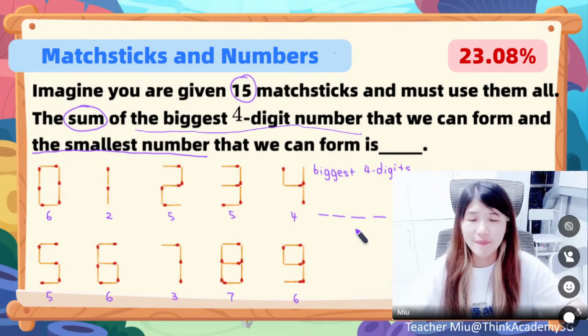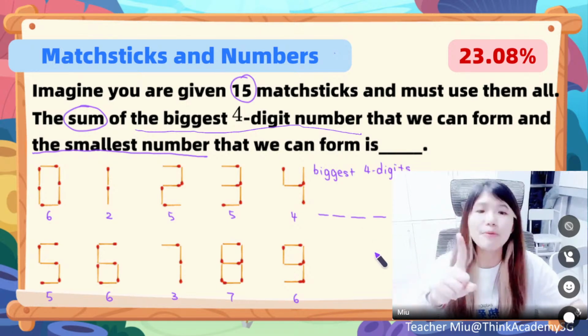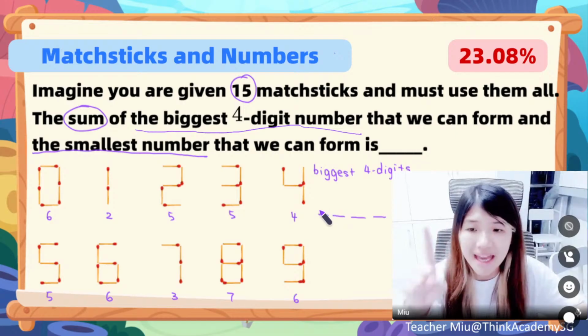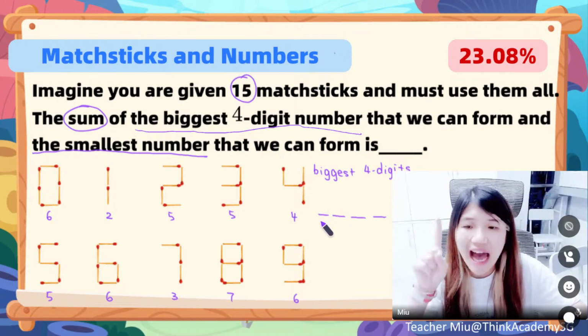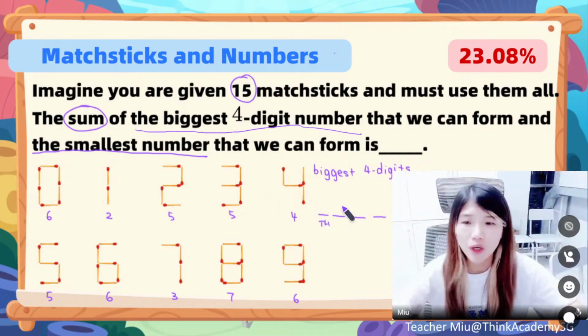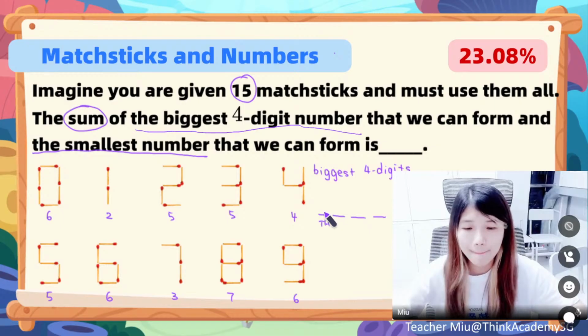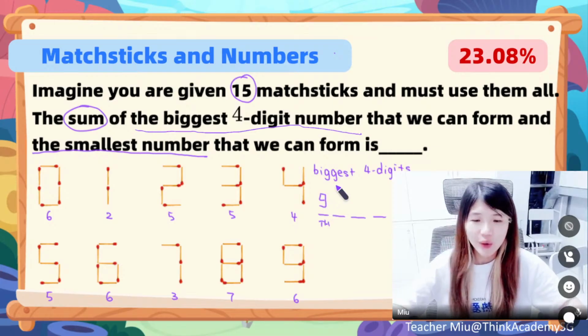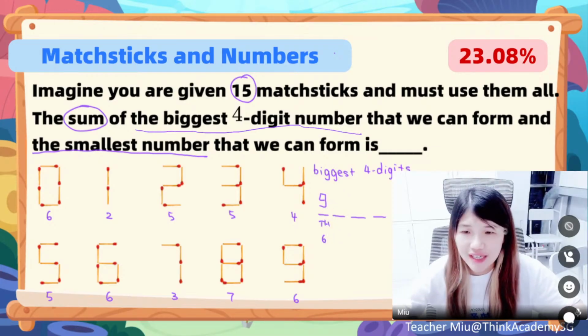And the very important thing is we should always start from the highest place, which is the thousands place. For the thousands place, if you want to make it as big as possible, any idea? Of course, we should make it 9. When we make it a 9, we use up 6 matchsticks.